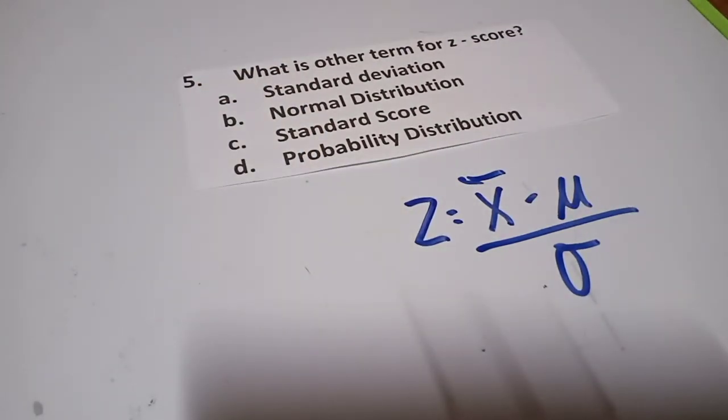So again, the normal distribution is the bell-shaped curve. It is symmetrical and has a total value of 1. The center will be 0, then positive 1, positive 2, positive 3, and negative 1, negative 2, and negative 3. While for probability distribution, as I repeated from the previous question, all the probabilities should sum to 1.